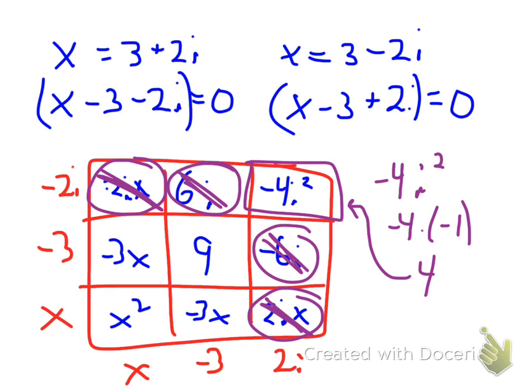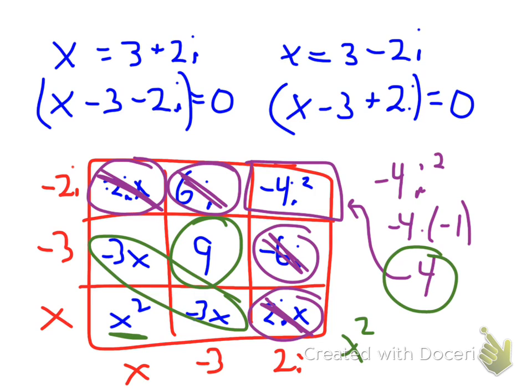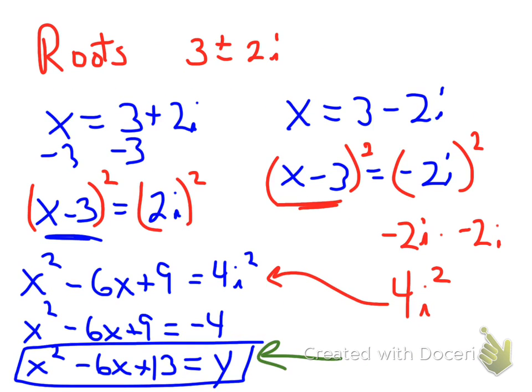So that top box is a positive 4, which means my like terms now equal 13. And I have an x squared minus 6x plus 13. And that's my equation, which is the same as what I came up with before. So two different techniques, both of them starting off with the roots.